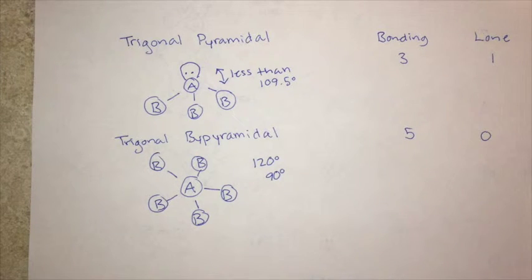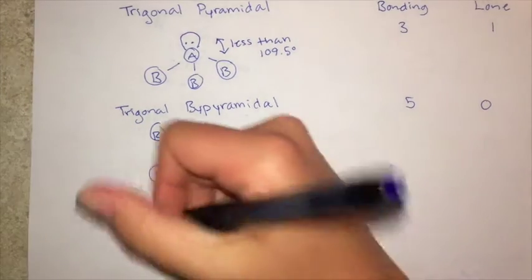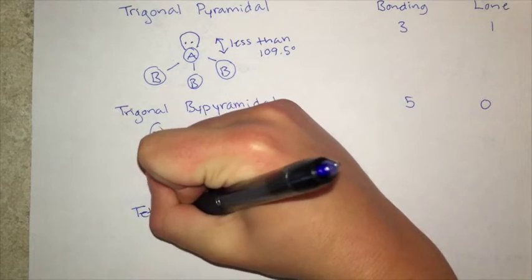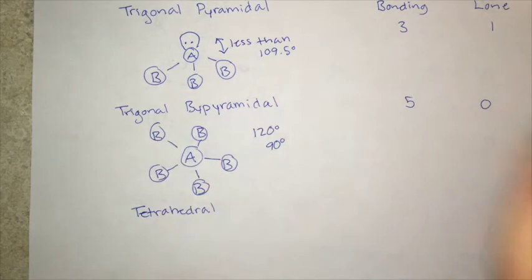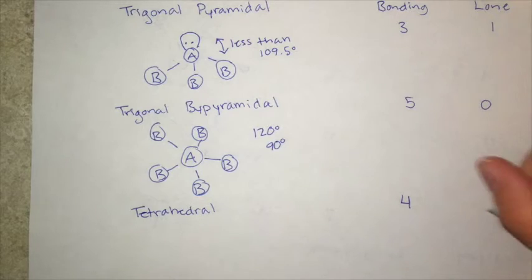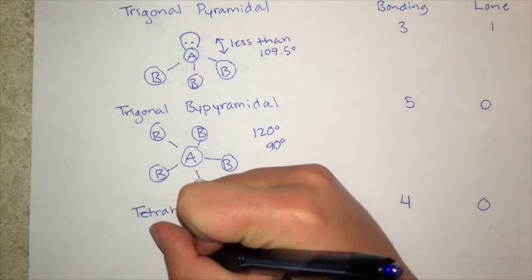So we have 2 more left. We're going to have a tetrahedral. And this one makes sense because tetra is another word for 4, and we have 4 bonding pairs for this one and 0 lone pairs. So this one's pretty simple.